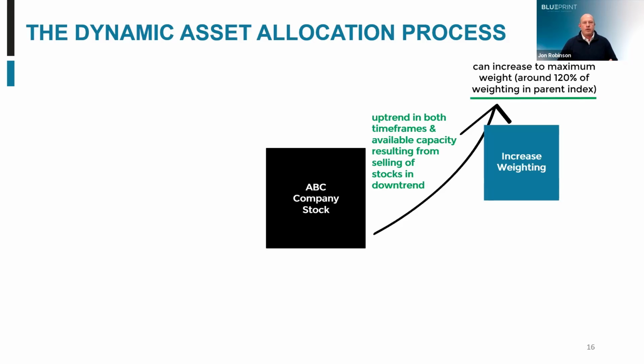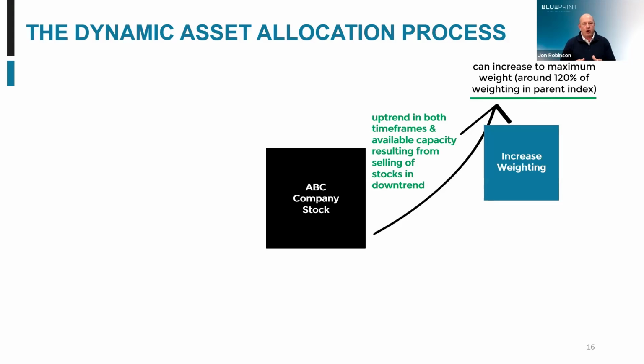From there, you can increase the weighting to the baseline exposure to 1.2 times the index, or 120% of the index weighting. So this is the max I talked about earlier, where we want to push exposure higher than the index if the stock is in a rising trend, but only to a point, because we want to be prudent in our diversification.